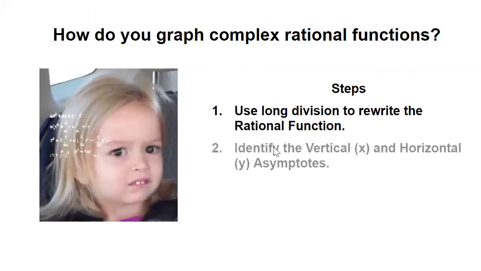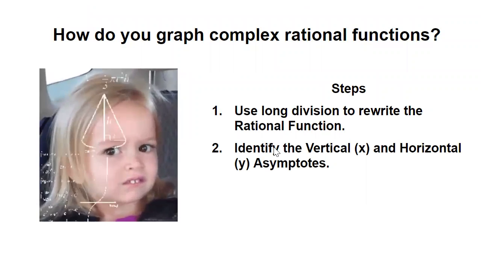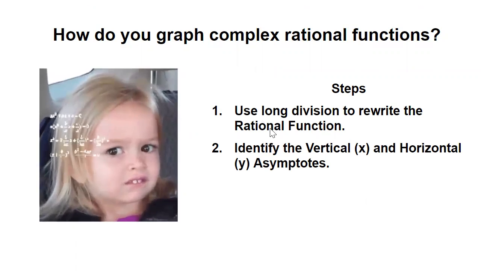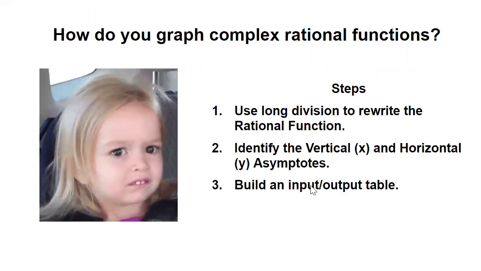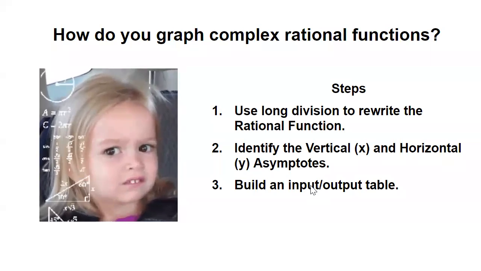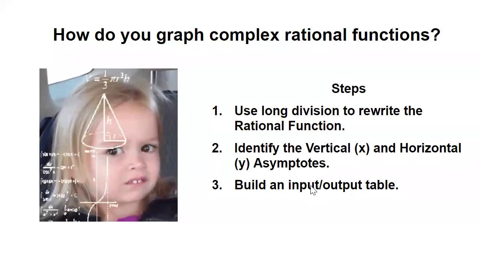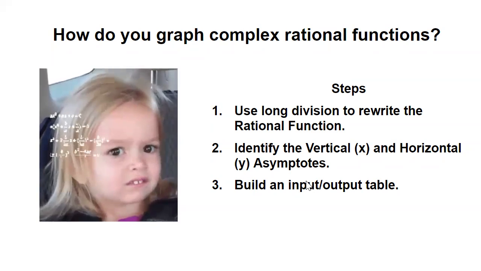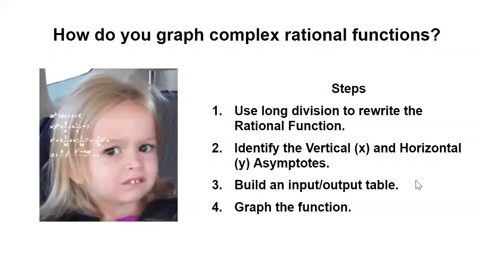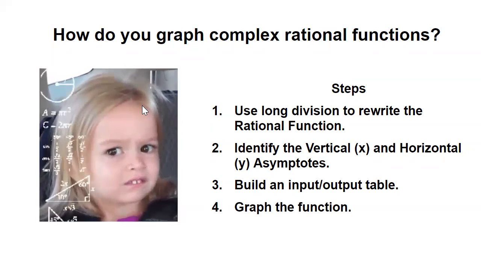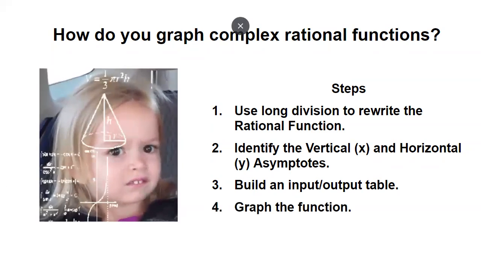Second step is to identify then our vertical and our horizontal asymptotes. Third step is to build an input-output table, very similar to our domain, but yet different. We're going to build a different type of domain this time. And the fourth step is to graph the function. Okay, go ahead and write these down so you can have them in your notes.